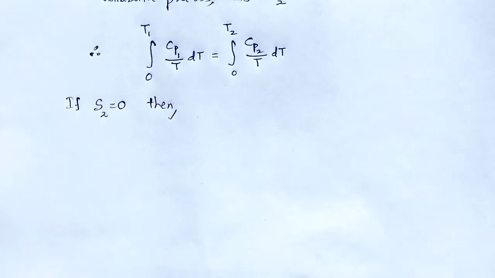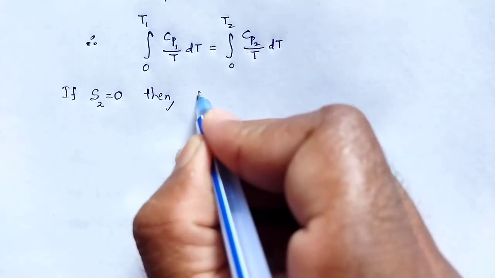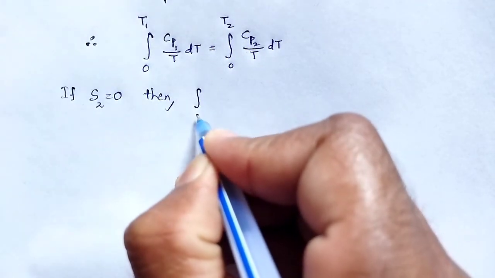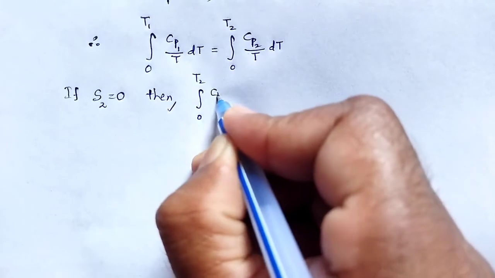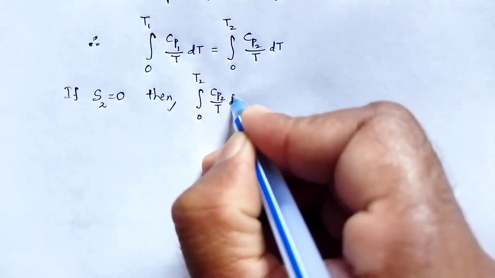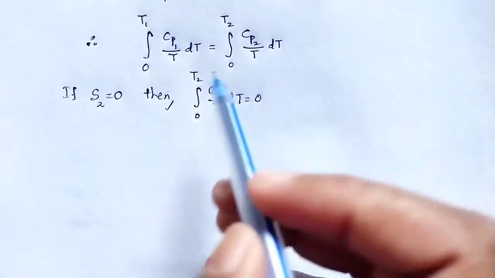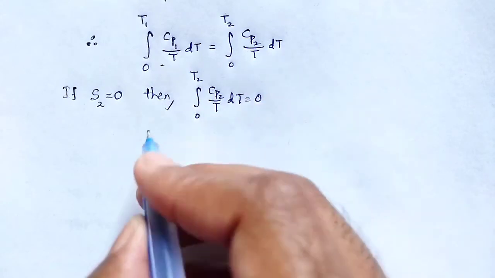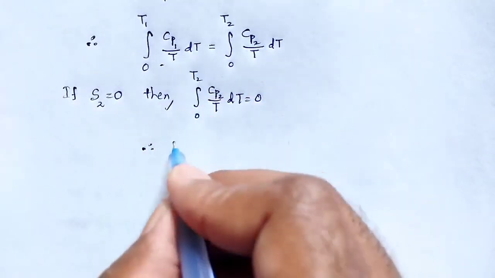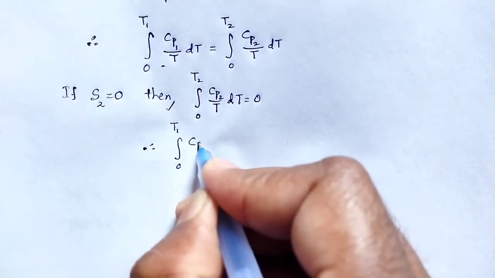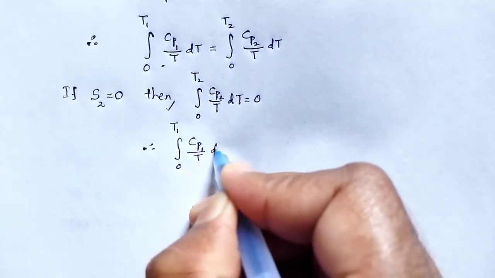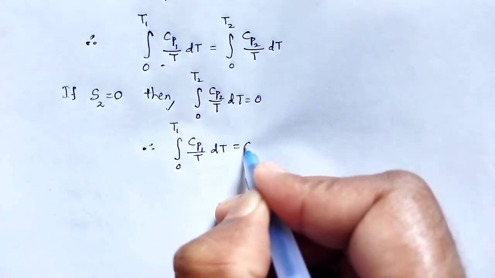So, that integration from 0 to T2 of Cp2 by T dT will be 0. Now, that equation changes to integration from 0 to T1 of Cp1 by T dT is equal to 0.